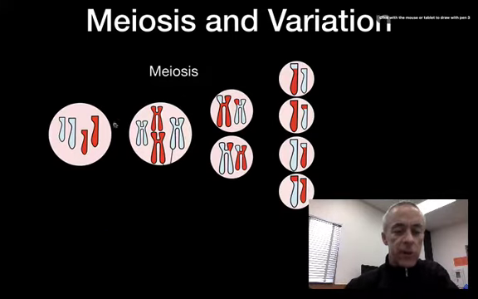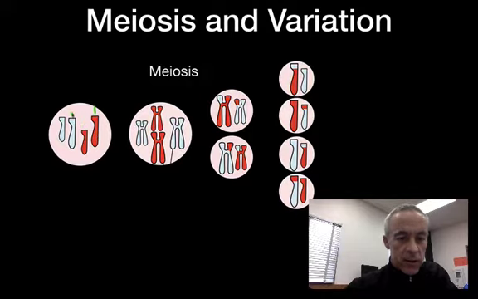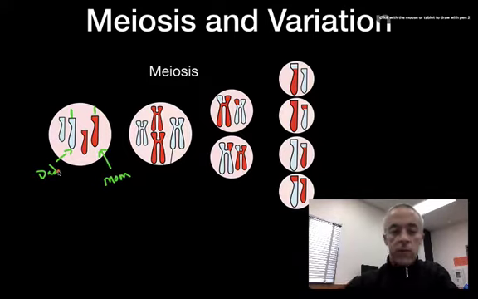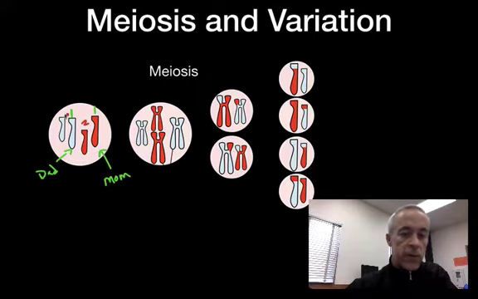The first thing I want you to notice is that this is chromosome number 1, and this is also chromosome number 1. The reason they're different colors is that we'll say the red one came from mom and the blue one came from dad. In this cell we also have chromosome number 2 from mom and chromosome number 2 from dad.